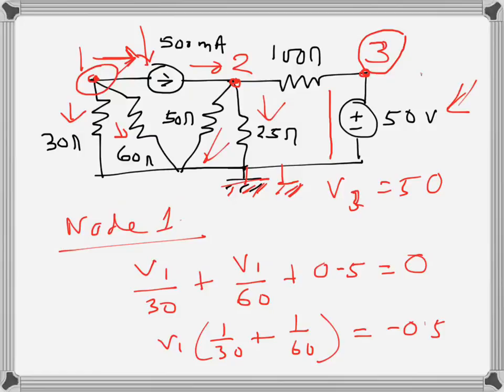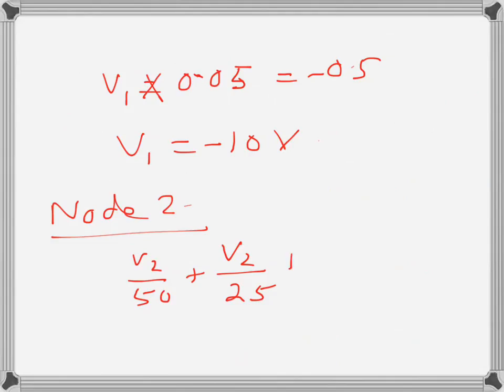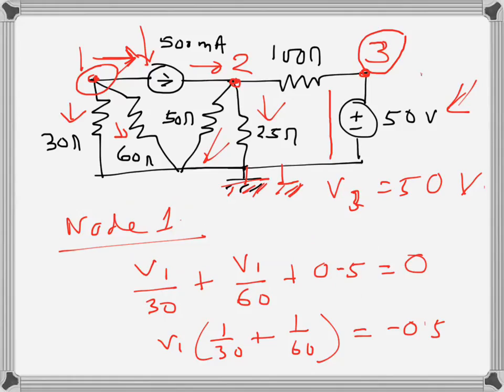So V3 is 50 volts, we can write that directly, and once we know that, even here we can write V2 minus 50 over 100, and this one is on the other hand side 0.5 amps, the current directly. Now here as well we don't have any other variable, just one variable V2, and that is because this V3 we know from observation of the circuit, we can write that directly.